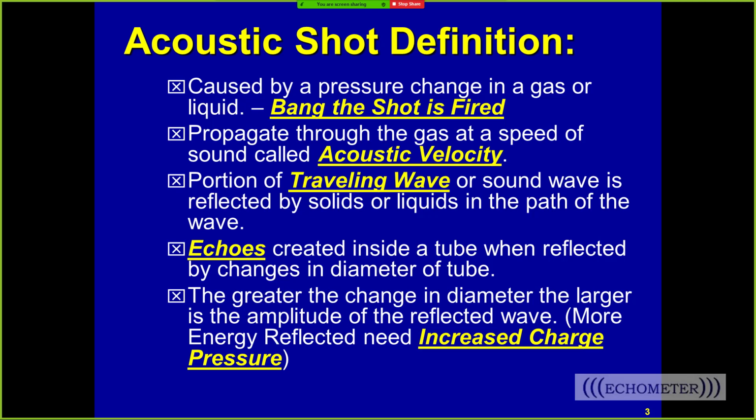The bigger the change in the diameter of the wellbore, the bigger the echo, a kick, a pressure wave, a hill, and you'll see it on the acoustic trace. So we shoot fluid levels to see the echoes in the well from collars, liquid levels and changes in cross-sectional area, and these are the definitions that we typically use when we talk about shooting fluid levels.